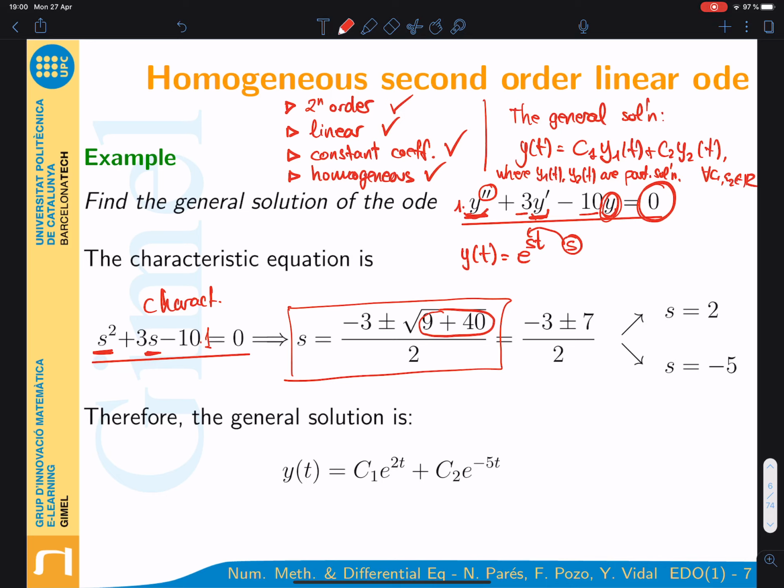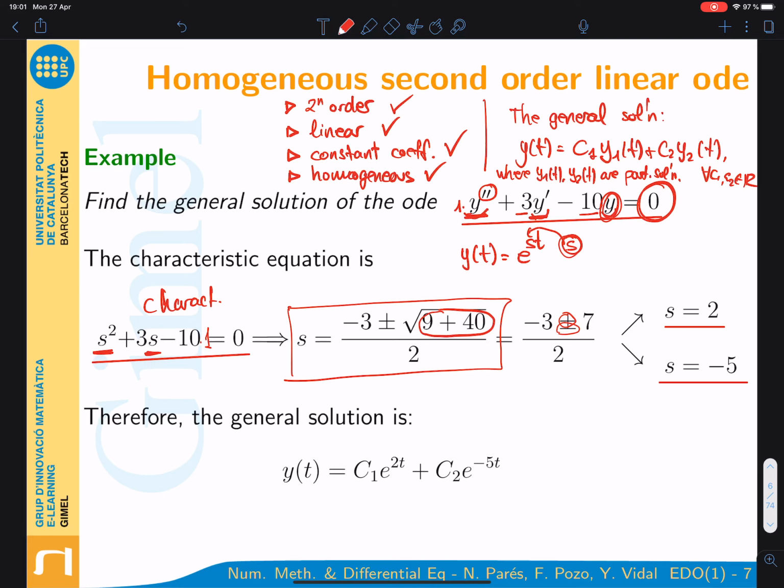And basically, I have 2 different cases. When I use the plus sign here, 7 minus 3 is 4, divided by 2 is 2, I get this value. When I use the minus sign, then I have minus 10 divided by 2, which leads me to this second value. So we found two different real numbers as possible values of s.